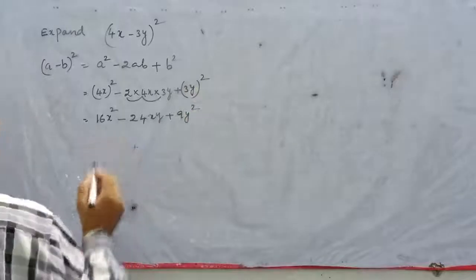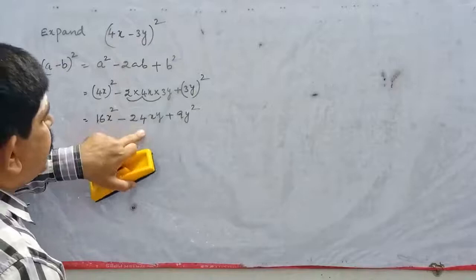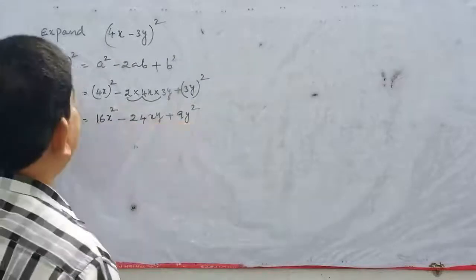So the expansion of (4x minus 3y) whole square is 16x square minus 24xy plus 9y square.